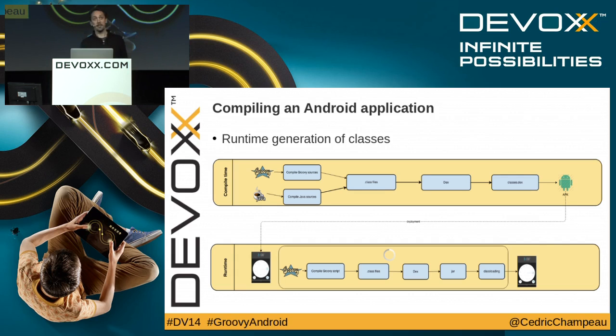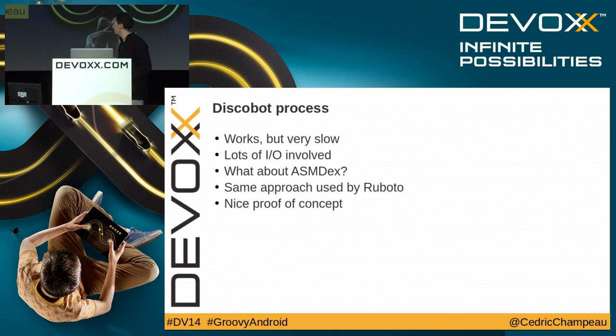I mean, I love it. It's something which is hackish, and I love to hack code, so it's cool to see it in action. But, well, it's very, very slow. And it doesn't really make sense on a mobile device to do that. There's a lot of I/O involved, etc. So it's not really interesting for us.